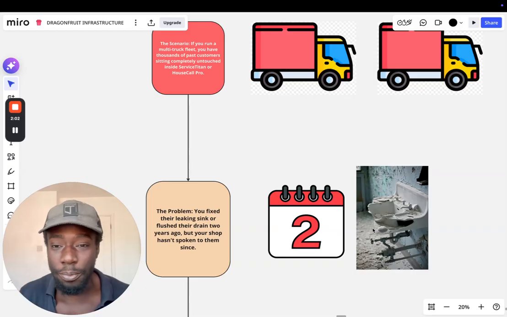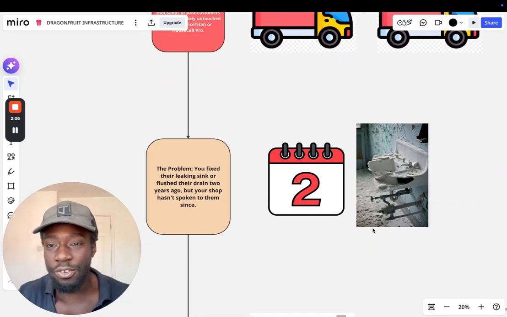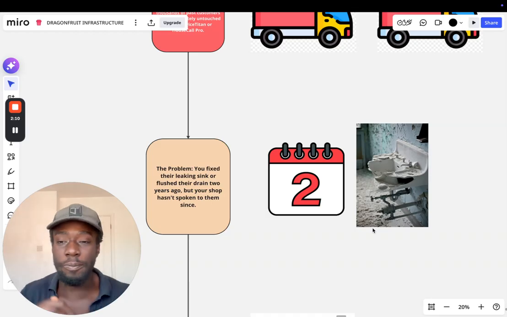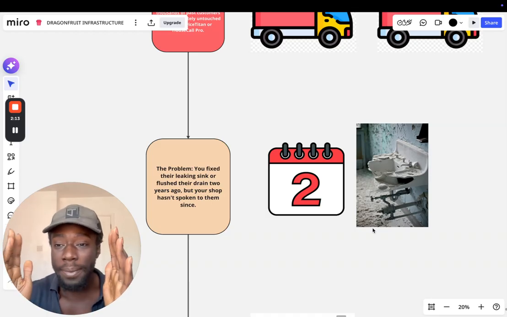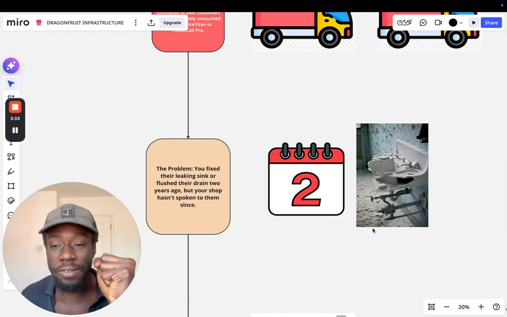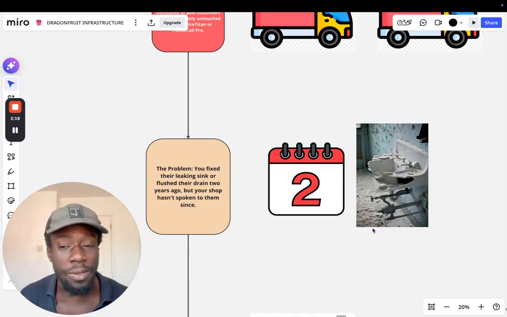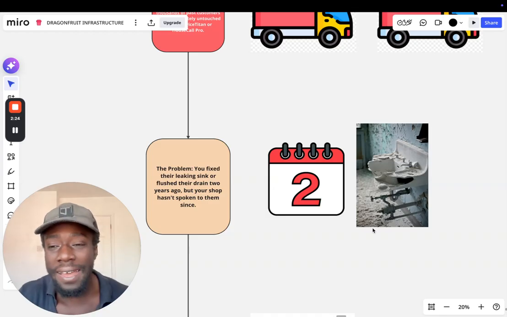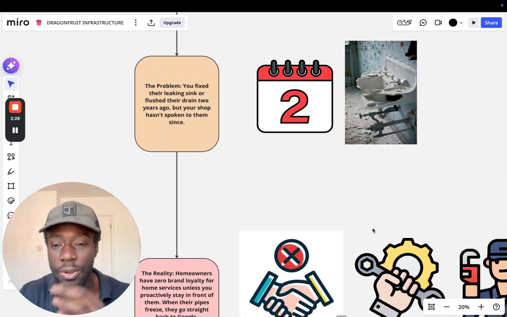But the problem is you fixed their leaking sink or flushed their drain 2 years ago, and your shop hasn't spoken to them since. There's been a large gap between when you serviced them and the present moment, and you haven't really communicated with them. They've probably worked with other plumbing companies as well, and through that you've lost a good amount of money.